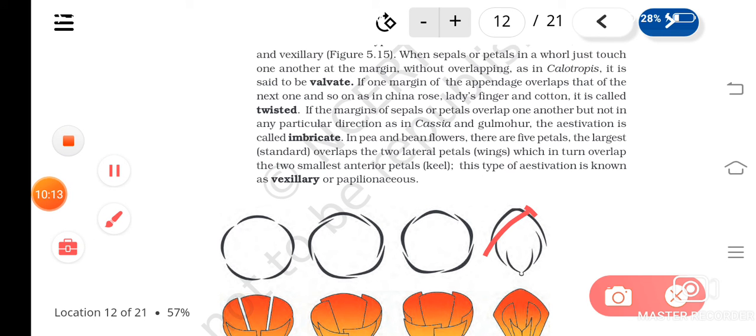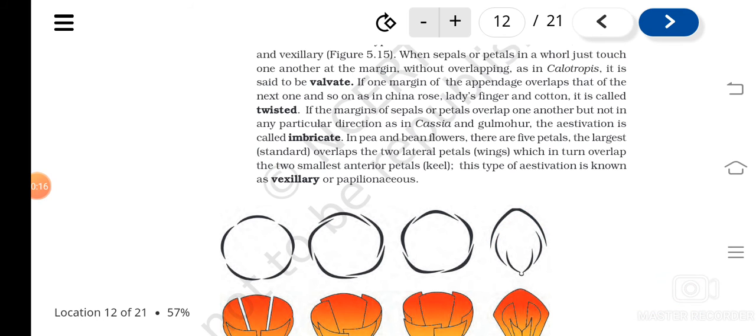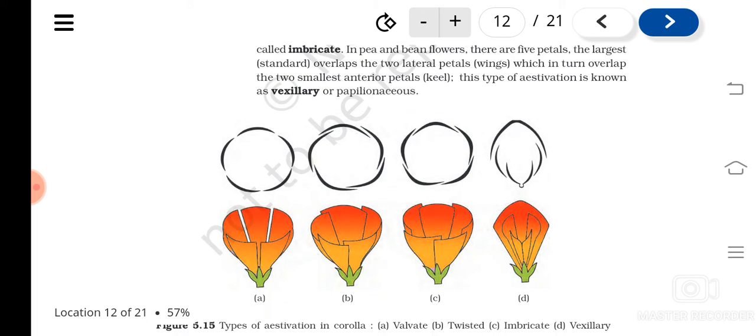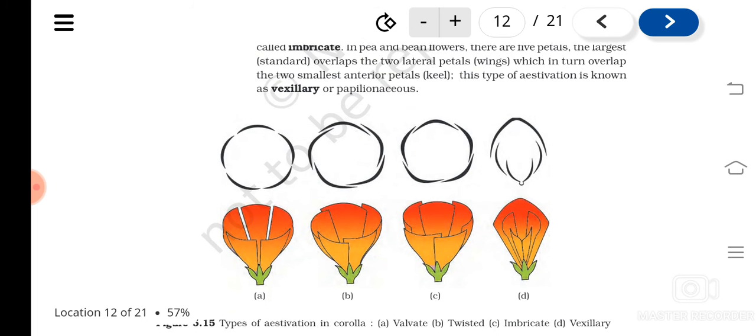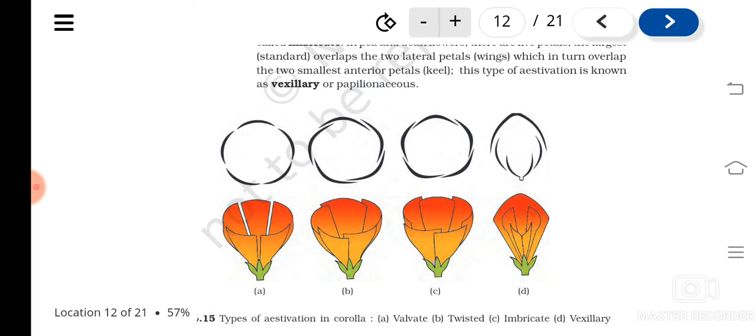The ends of the standard petal are outside. Then that in turn overlaps the two smallest anterior petals. Likewise, you can see the overlapping between the petals.